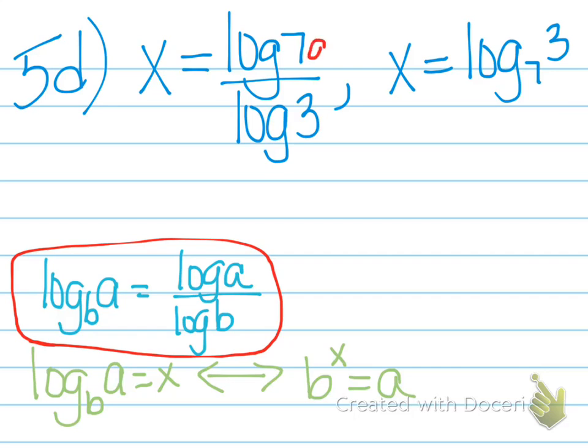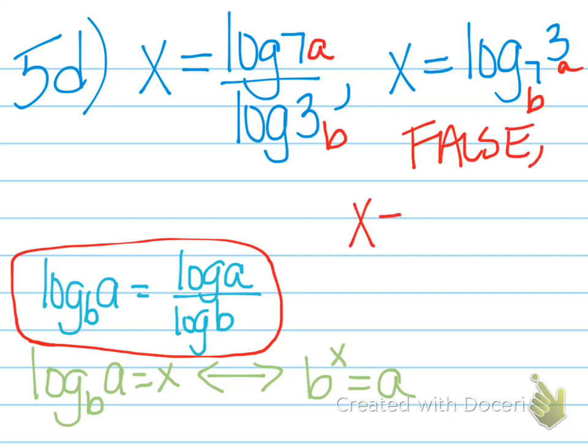So the 7 should be our a, the 3 should be our b. They've switched them again. 7 should be the a, but here it's a 3. So we again have false. And they've switched the a and b. So to make it correct, it should be log base 3 of 7.